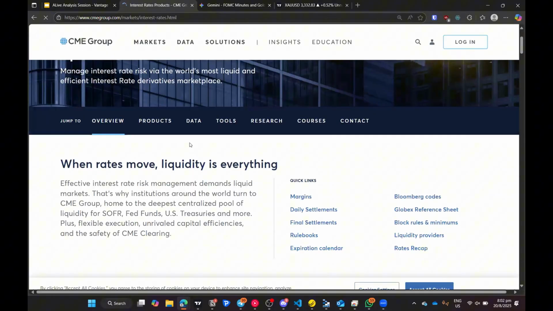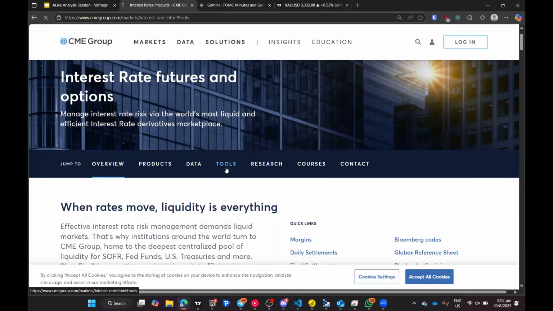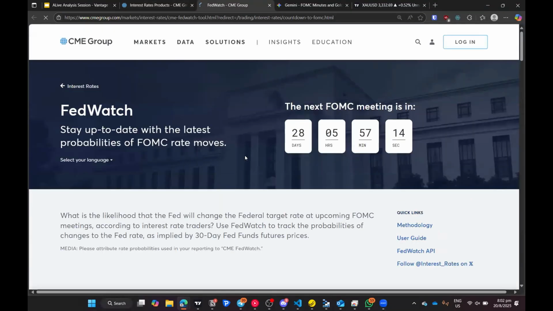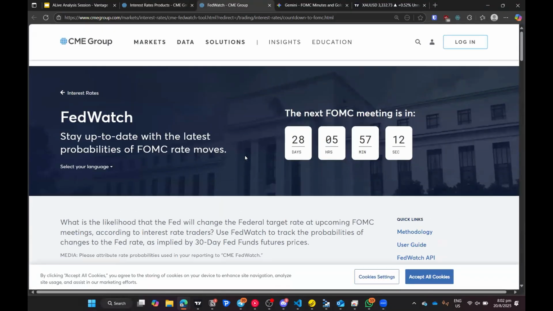Under interest rates, there is a tab called tools, and we want to be looking at the CME FedWatch. There's a lot of content on the CME Group that you can use to improve your trading knowledge, so be sure to check them out.